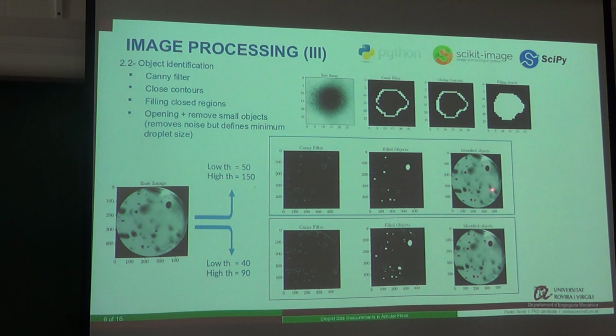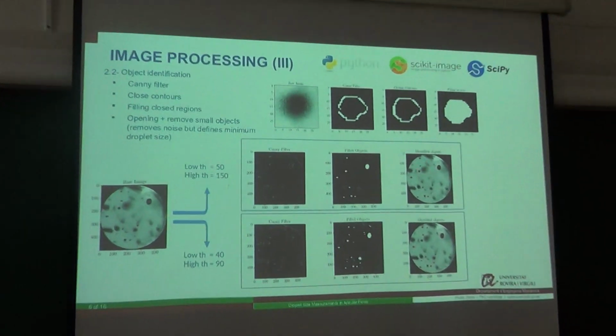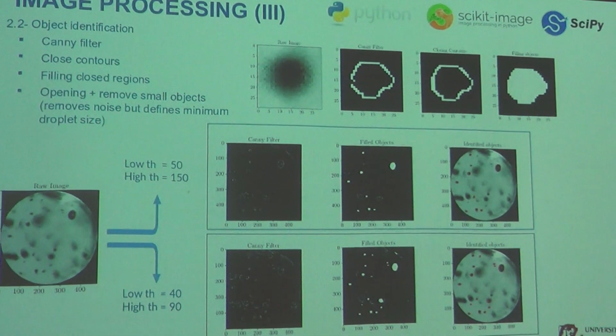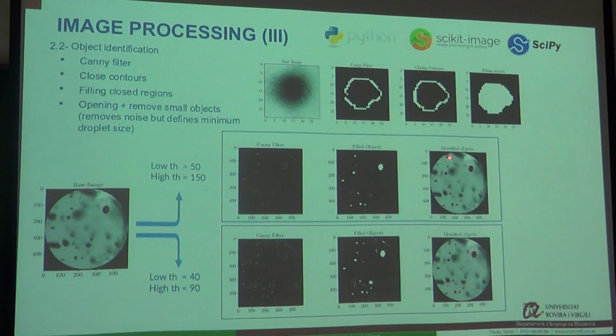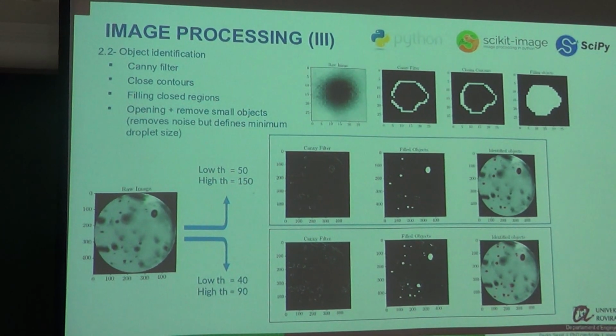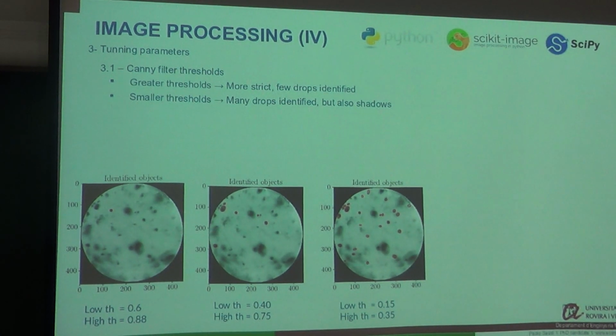For instance, this one that seems to have good contrast. Apparently it's not possible to make a closed contour and it's not identified, but here it is. So these are some of the tuning parameters.